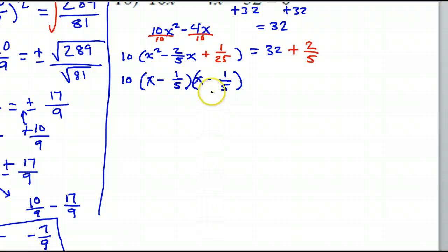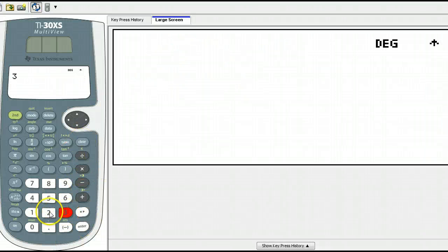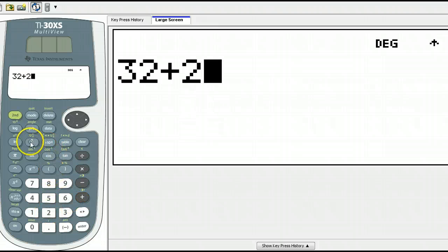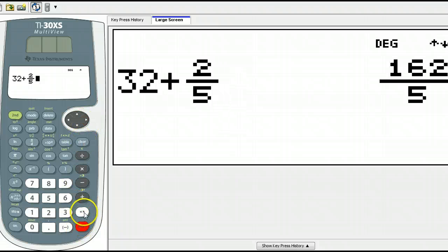Now, 32 plus 2 over 5 is doable. So that's 162 over 5.